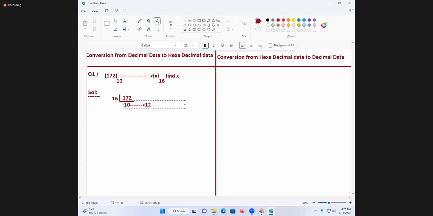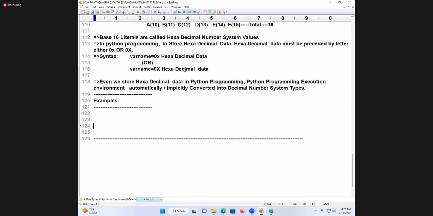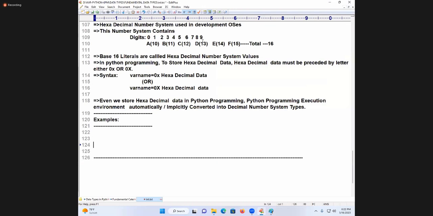The remainder is 12. What is the 12 equivalent? C. Because already we mentioned that A is 10 and B is 11, C is 12.